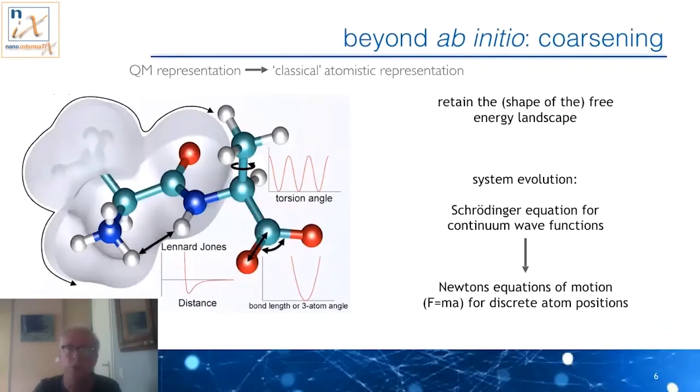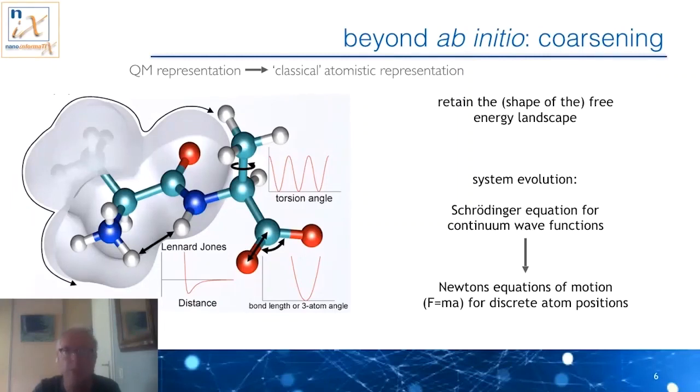So you start with ab initio, you have a quantum mechanical representation, and you can cast that into a classical atomistic representation. You cast all the effects of the electron cloud on the nuclei and the bonds into effective potentials: torsion potentials, Lennard-Jones potentials for the unbonded interactions, and also the angle potentials and the bond potentials.